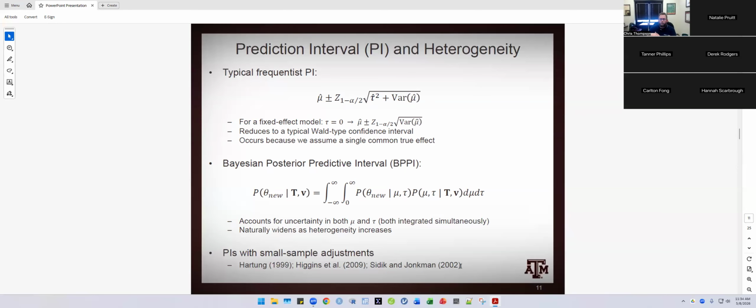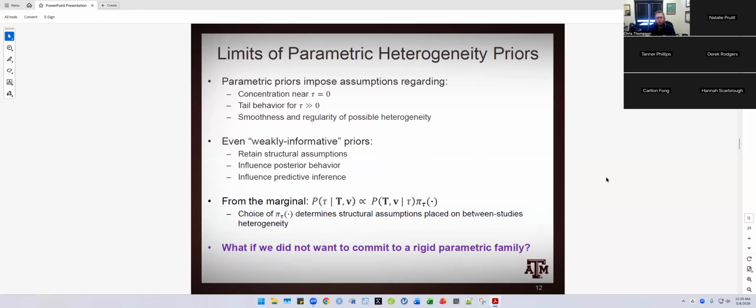I've listed 3, or really 2, and then 1, and then 2 extensions of it, but there are a handful out there. And even some of the packages in R, I know, have at least a few of them embedded already.